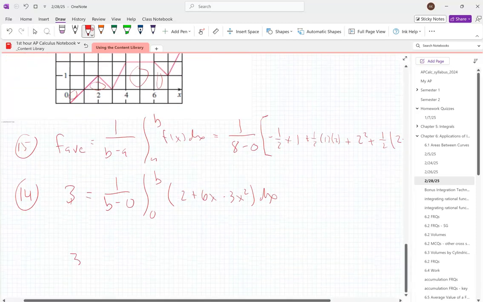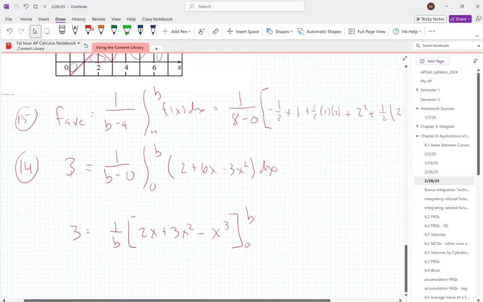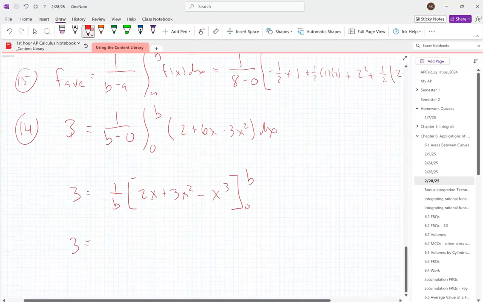So I'm going to do that integral. That's going to be 2x plus 3x squared minus x cubed from 0 to b. So far, so good. And then I can evaluate that.